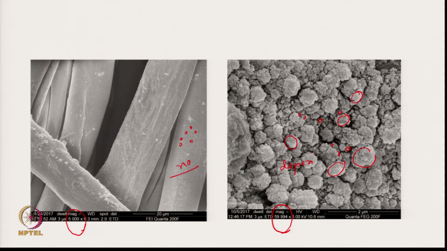One can look at the scanning electron microscopy pictures to see whether the changes on the surface of the fiber or of the textile have happened as we wanted or not. And suppose we wash it, then we can look at whether the particles remain, or have changed, or fewer or the same are there, and then we can say the wash durability of the finish which we have created on a textile material.